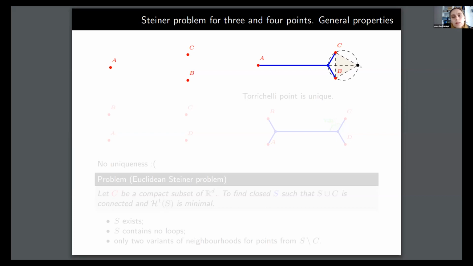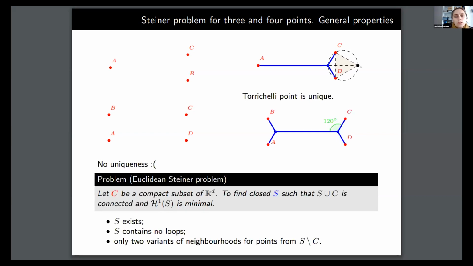And this point is unique, and the sum of these 3 segments AF, FC, and FB will be the smallest one. If we take 4 points, we also can construct the Steiner tree by choosing 2 points, then making the regular triangle and so on.